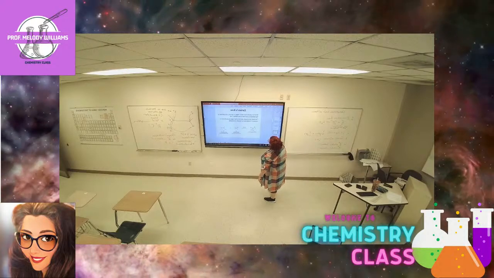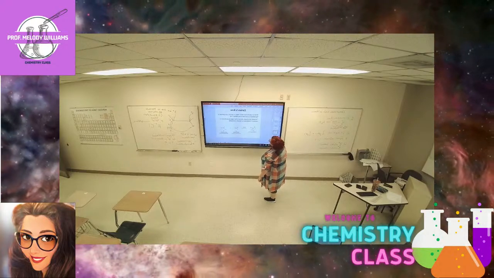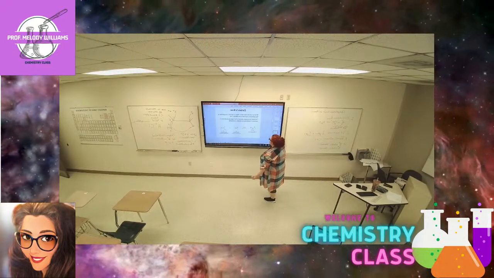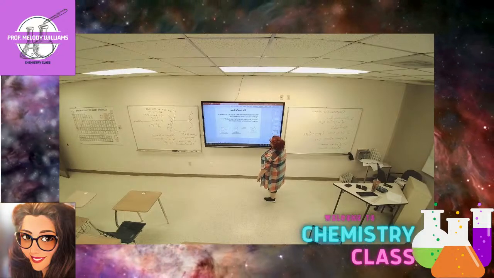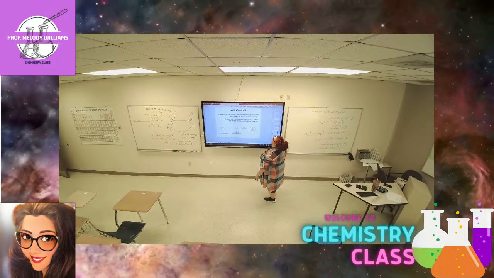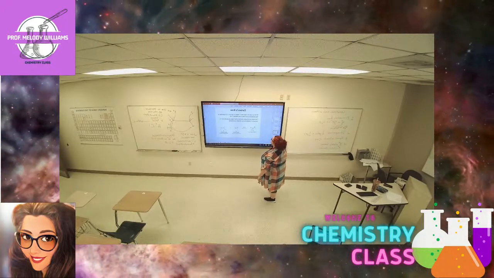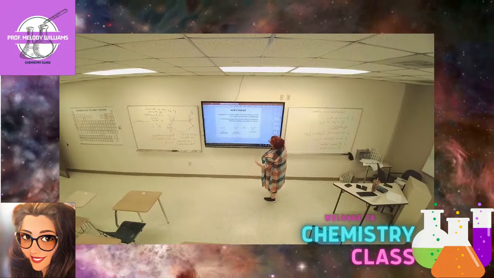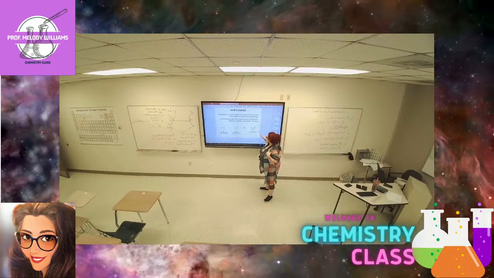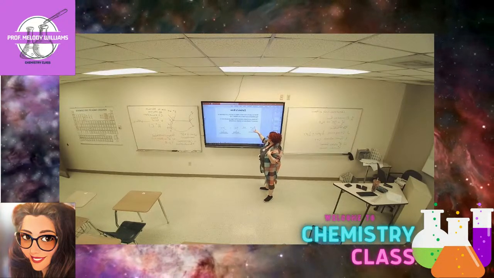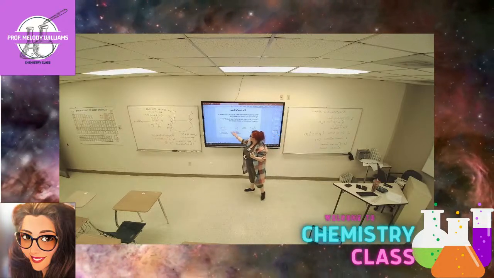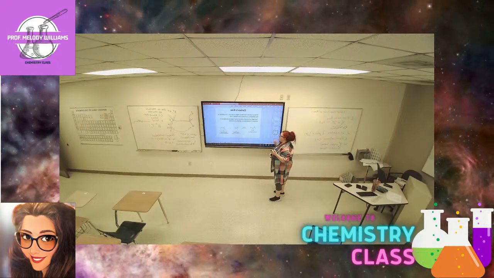So here we've got Zaitsev's rule. Okay. So all this is stating is that the more substituents you have with your starting carbon, the more carbons you have that are attached to the carbon with the alcohol, the more constitutional isomers you're going to have with a particular reaction.